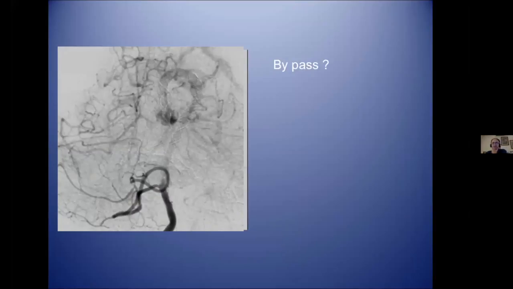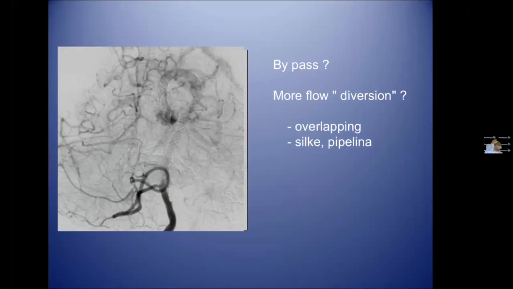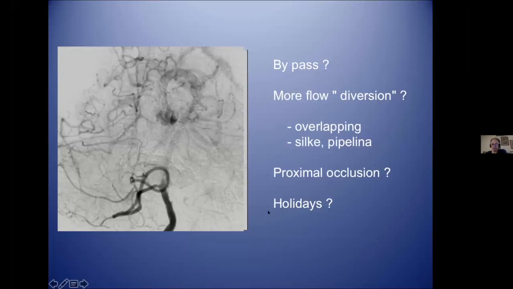And how to decide at this moment? Bypass, more flow diversion, flow stent or stent, more overlapping, Silk or Pipeline or flow diverter, proximal occlusion to invert the flow, holidays, why not?